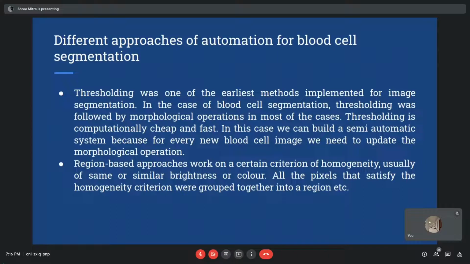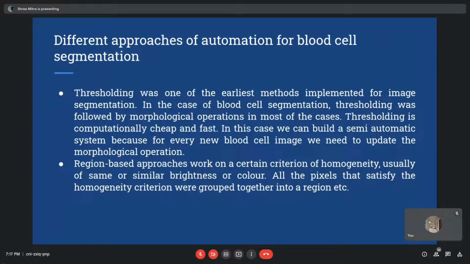I have discussed some of the very basic approaches which are being used for automated blood cell segmentation. Like thresholding, which was one of the earliest methods implemented for image segmentation. In the case of blood cell segmentation, thresholding was followed by morphological operations. In most cases, thresholding is computationally cheap and fast.